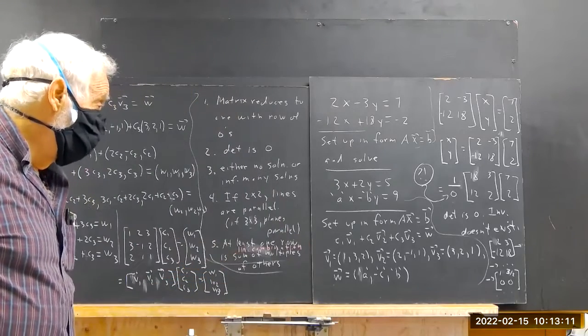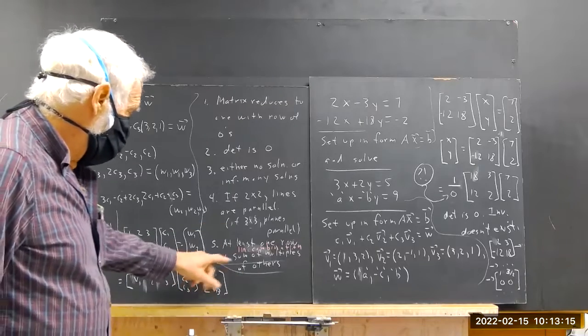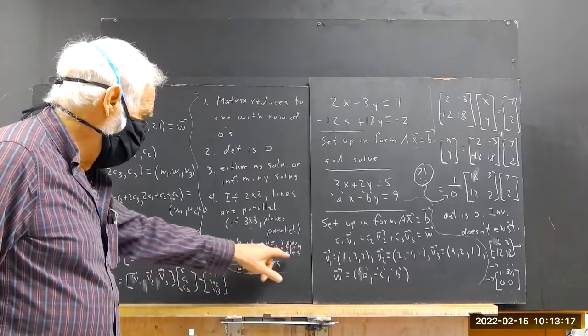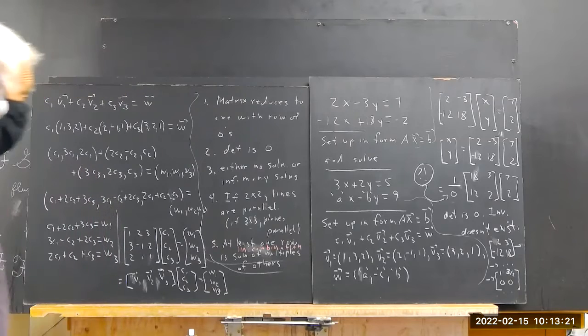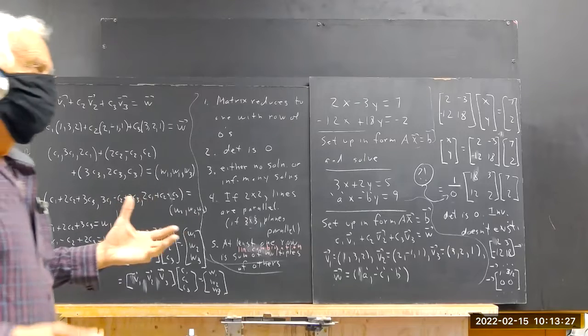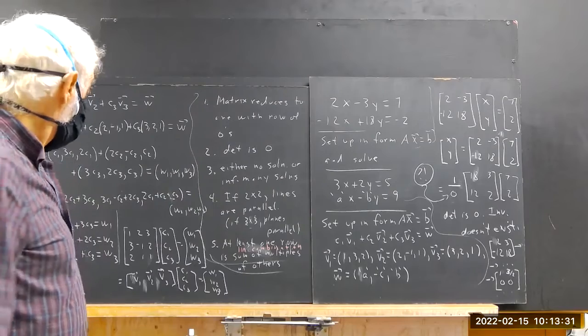Resolution's pretty good. It's probably legible. At least one row is a sum of multiples of the other, and sum of multiples is a linear combination. Okay? And that's probably the most important concept in this chapter, or at least the most fundamental concept that the other concepts are built on.